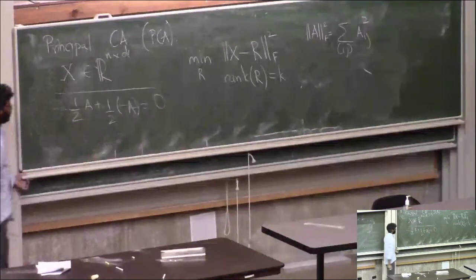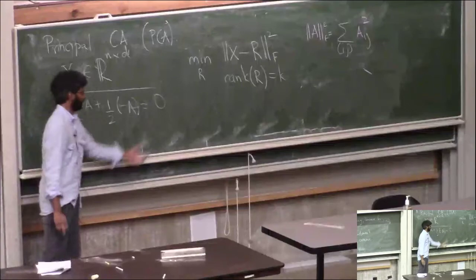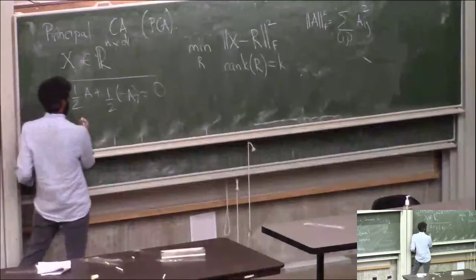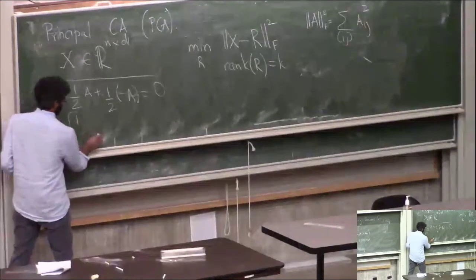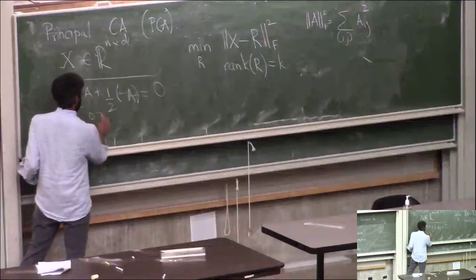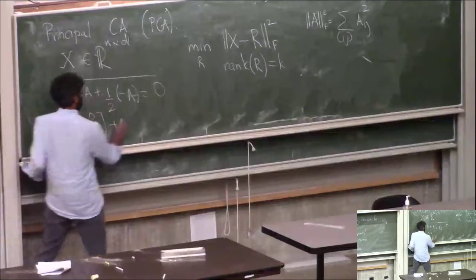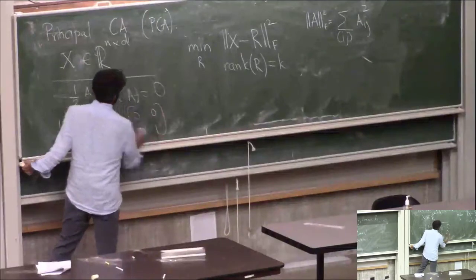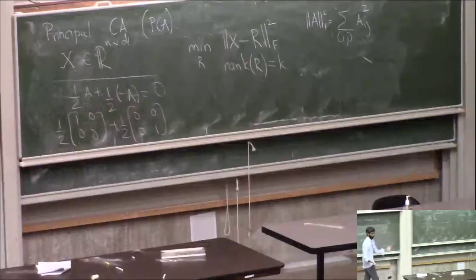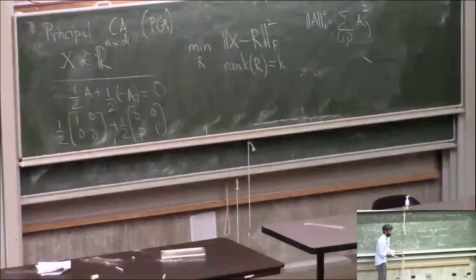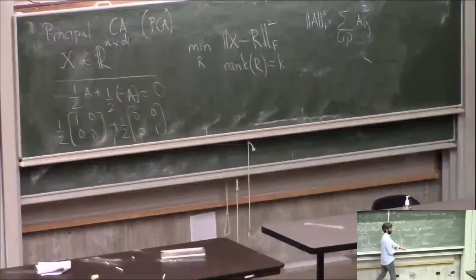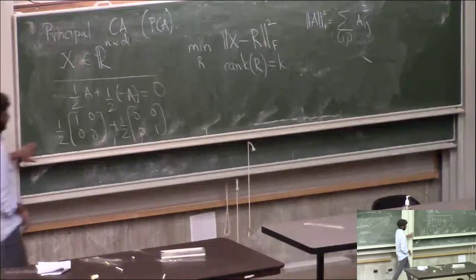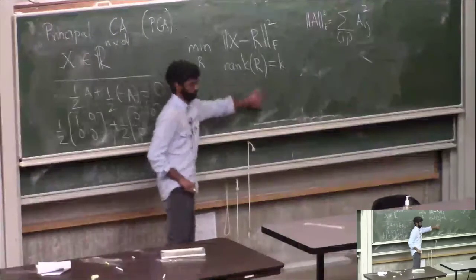So I can take convex combinations and get much smaller rank. I can also take convex combinations and get much larger rank. I can take a convex combination of two matrices that have rank 1 and end up with a matrix that has rank 2. So there's some sense in which the rank is not a convex function.